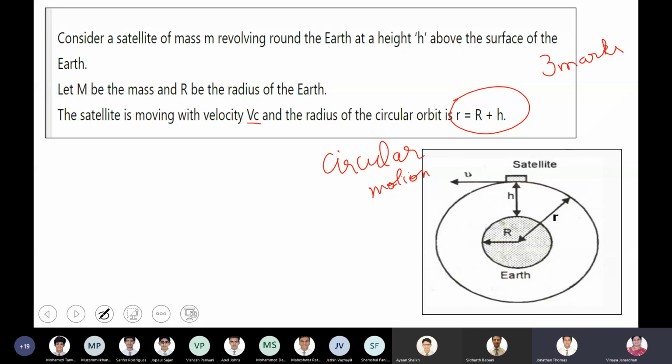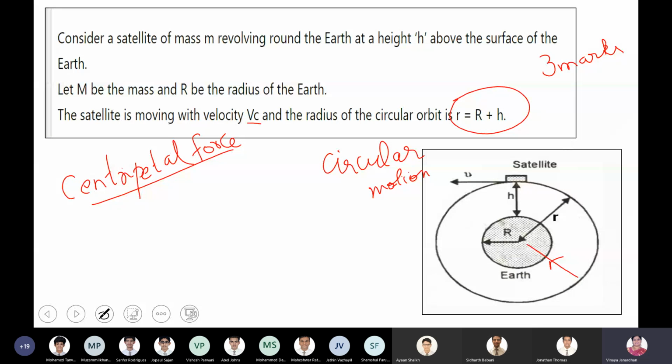Centripetal force. Boys, whenever a body undergoes a circular motion, there should always be a force acting towards the center. We call this the centripetal force. Is that clear, boys? Now, the force is acting towards the center. So, when the satellite is moving around the Earth in an orbit, there should be a centripetal force which is pulling the satellite towards the center.